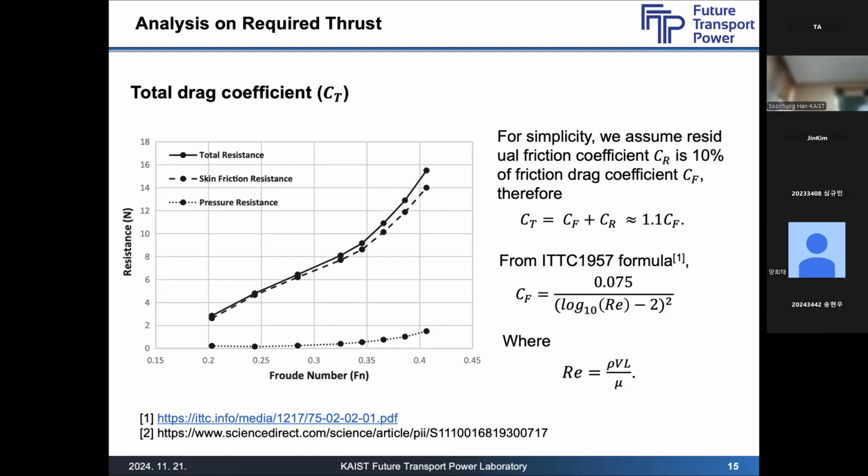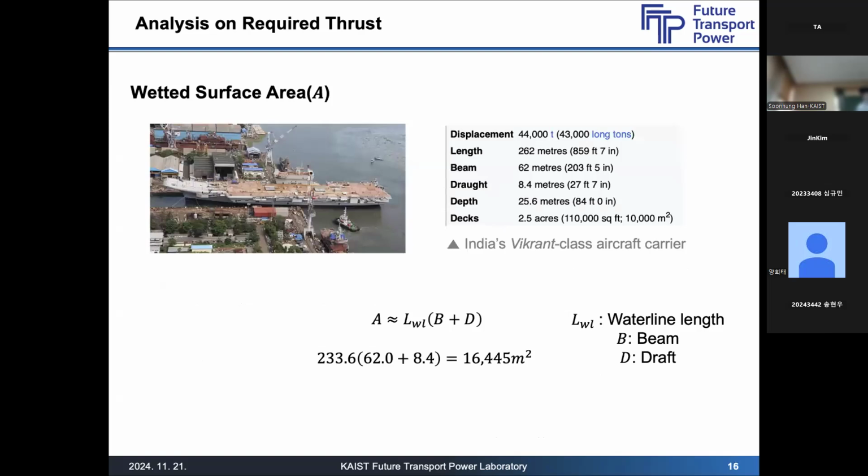For the friction coefficient, we can use something called the ITTC 1957 formula. It is the de facto standard formula for approximating the friction coefficient, and it uses the Reynolds number. Then we can simply calculate using the viscosity of the water and the velocity and length of the ship. And for the wetted surface area, we're going to use this simple approximation method that includes L_WL for waterline length and B and D for beam and draft respectively.